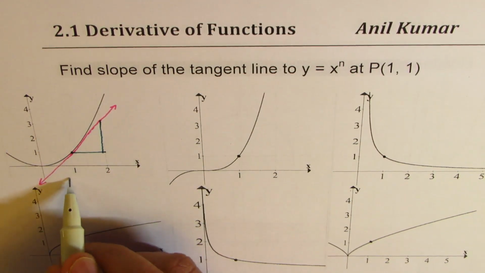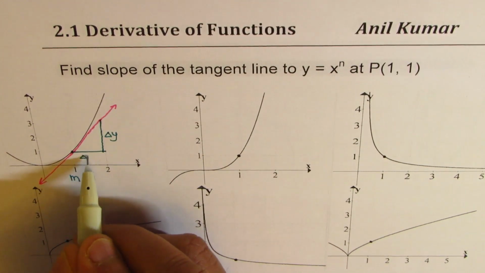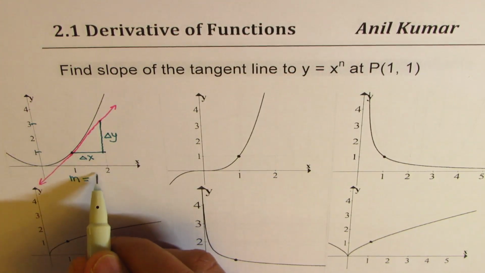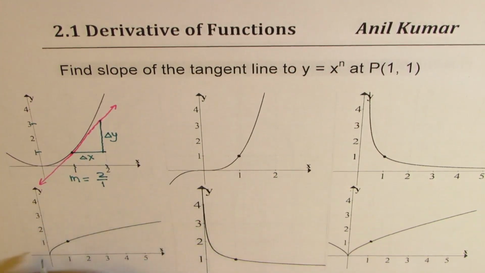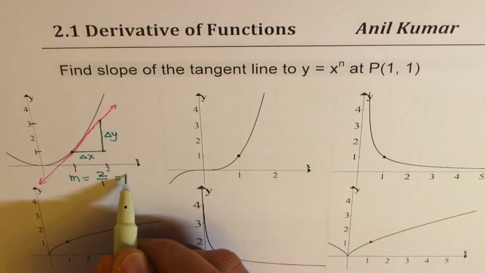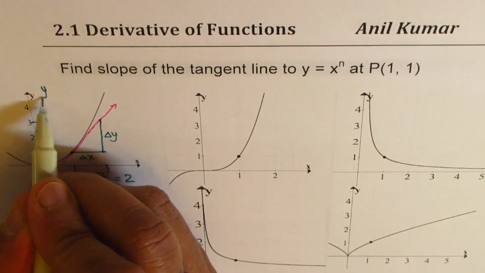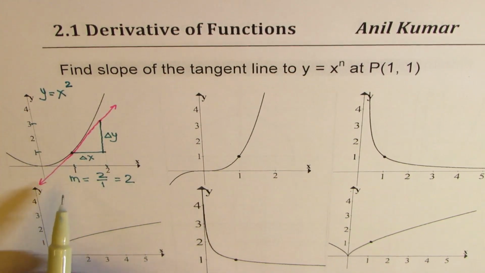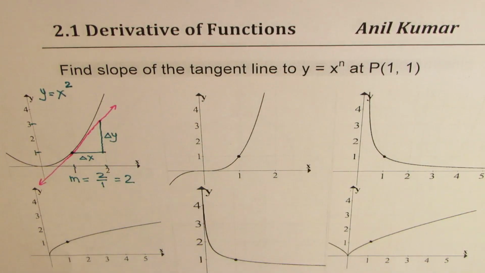And from this triangle, I can write slope m is change in y over change in x. So the change in y is from 1 to 3, which is 2, and the change in x is from 1 to 2, which is 1. And therefore the slope is 2. You will notice that this particular graph is of y equals x squared. And the slope of that at the point (1, 1) is 2.